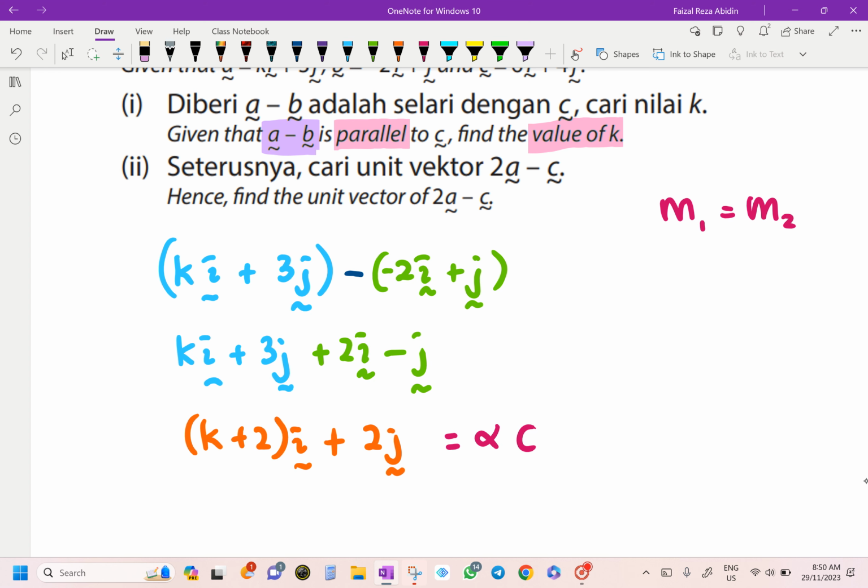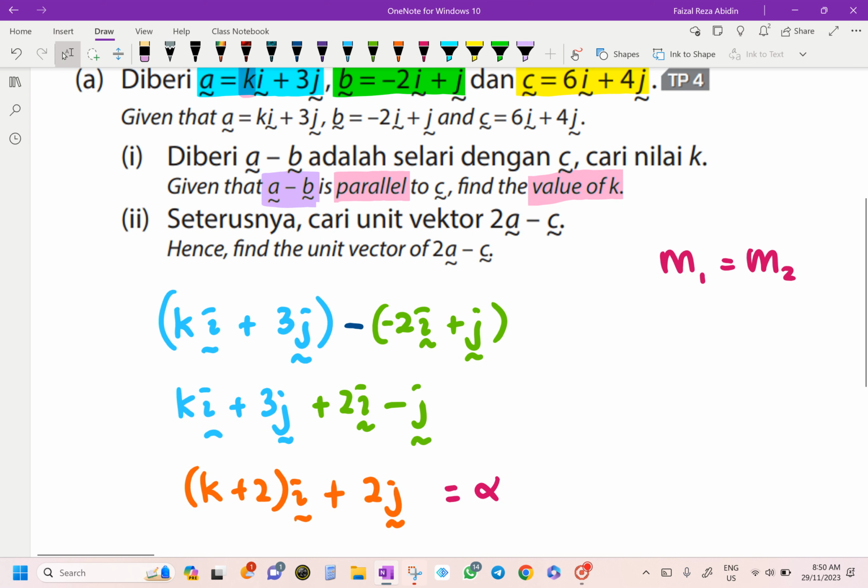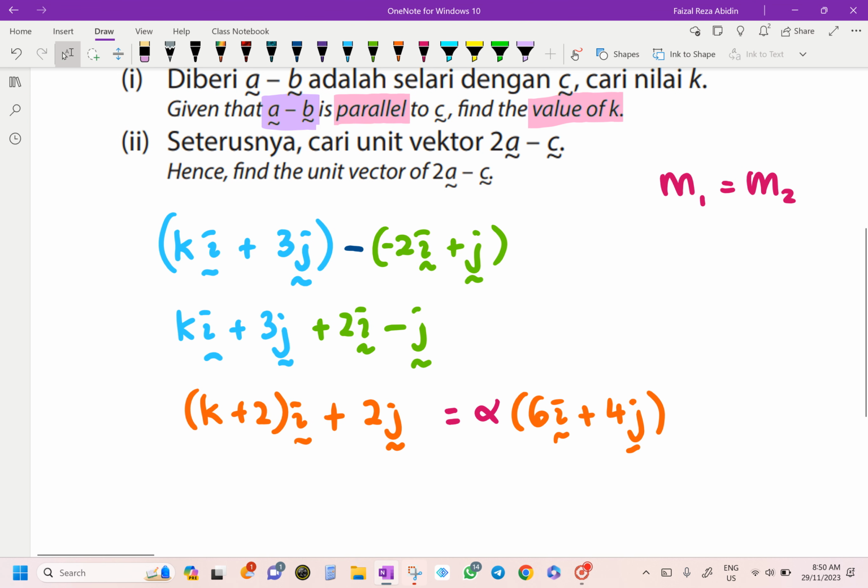So what I'm going to determine over here, actually C here is going to be what? 6i plus 4j here. Alpha. You can put beta, you can put gamma too. Variable. This is going to be for the variable.